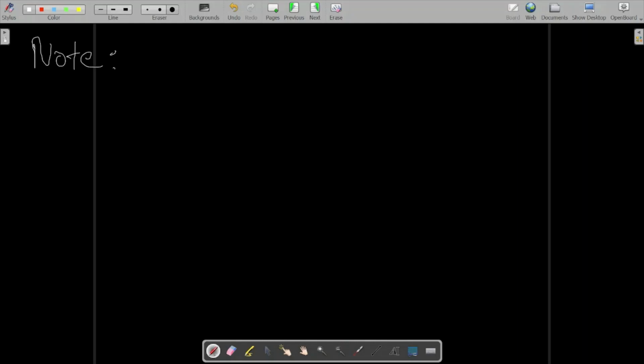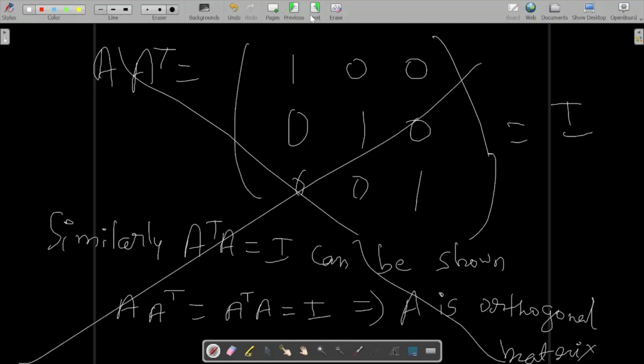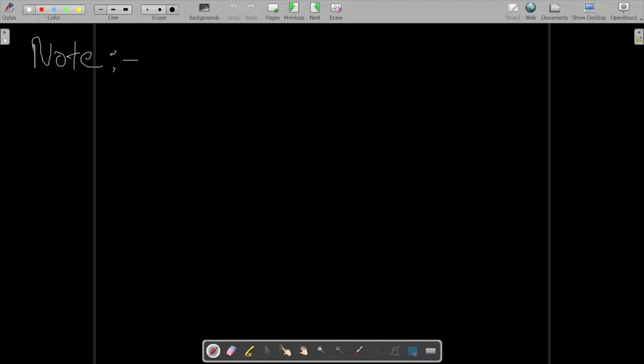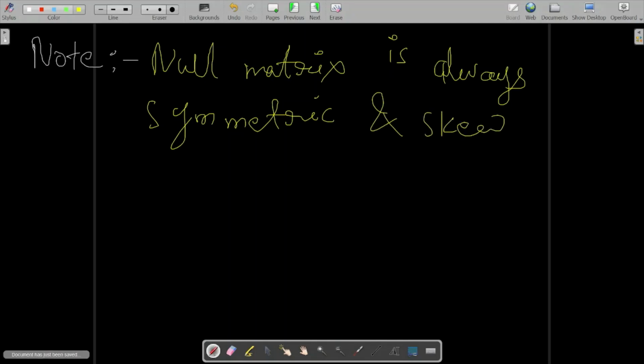Although this is not related to all this stuff, it is something different which you must remember, a quite common sense type of note: the null matrix is always symmetric and skew symmetric both.